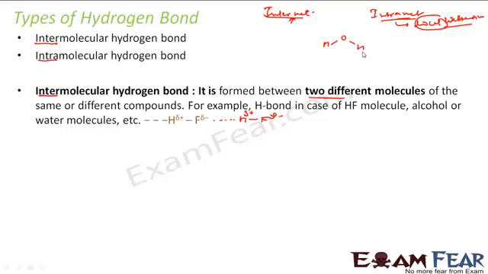H2O, slightly positive, slightly negative. Again, there will be one more water molecule somewhere here. This will have a slightly negative charge and it will be attracted towards this. Similarly, one more water molecule with slightly positive, slightly negative. This will get attracted. And these are the hydrogen bonds. So it's intermolecular. That means you have 2 different molecules and there's a bond.